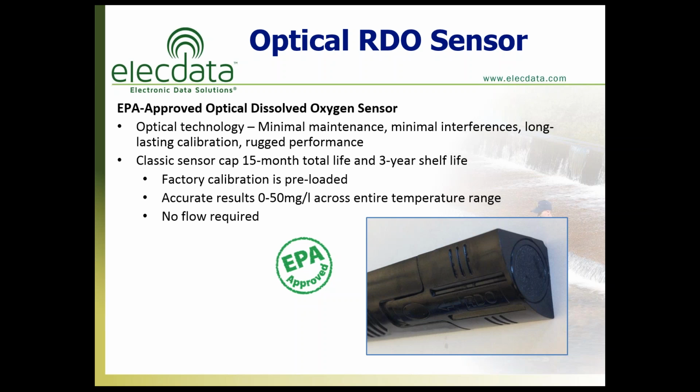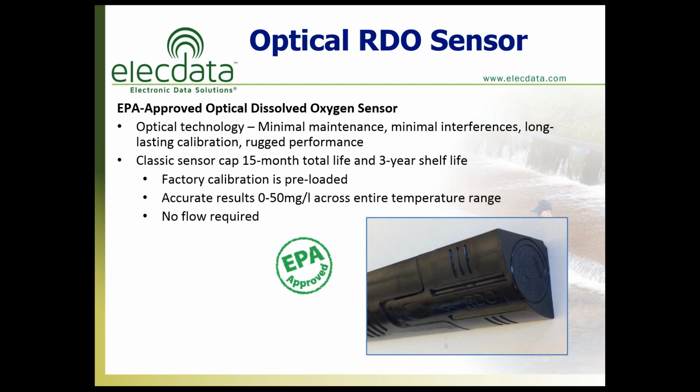This took a lot of time of submitting data to federal, state, and private labs across the country. Most other manufacturers of optical dissolved oxygen sensors are riding on an interim EPA approval. To differentiate that, In-Situ got specific approval on the sensors they're using in all of their optical dissolved oxygen platforms.